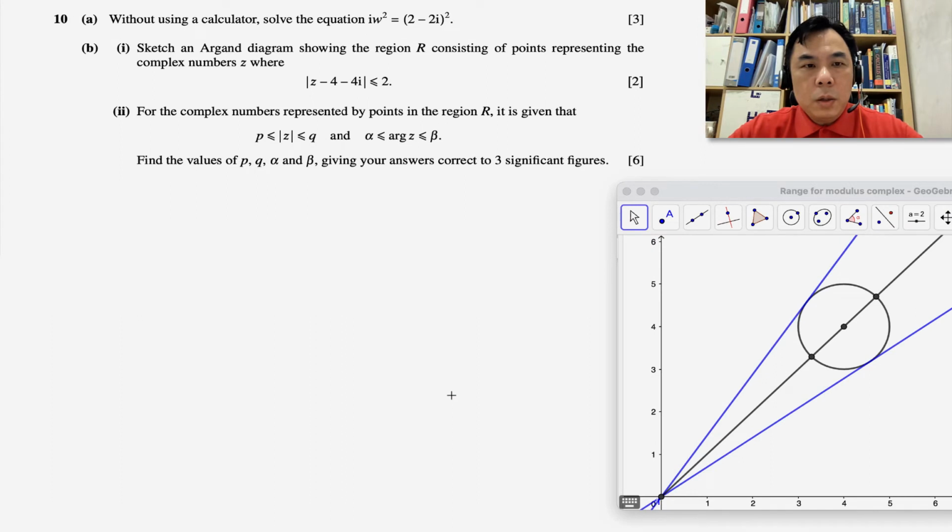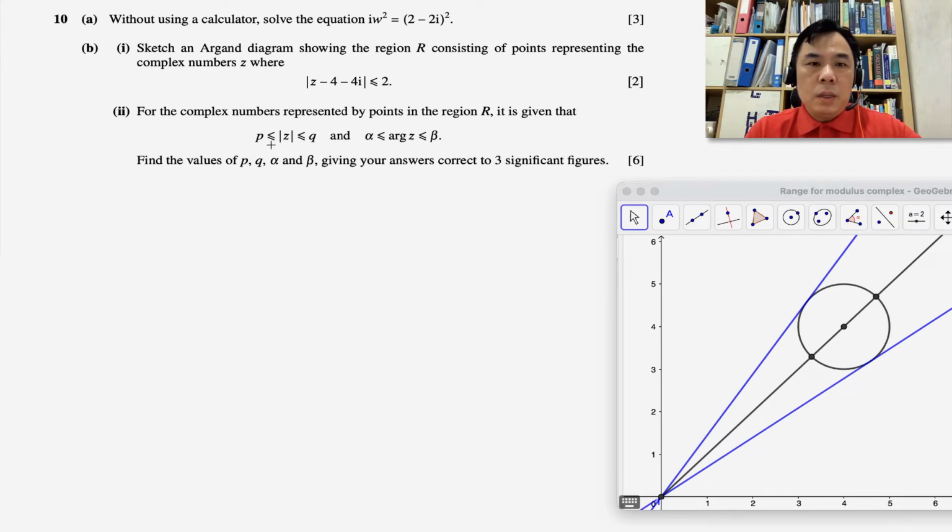All right, let's take a look at the second part of question B now. I have prepared a diagram to illustrate what question B actually represents. Let's read it through first. For the complex number represented by points in the region R here, given by this circle, which is indicated here, centered at 4, 4 and has a radius of 2.